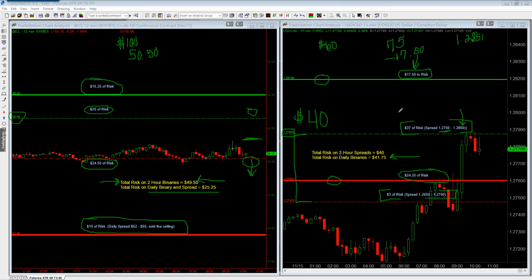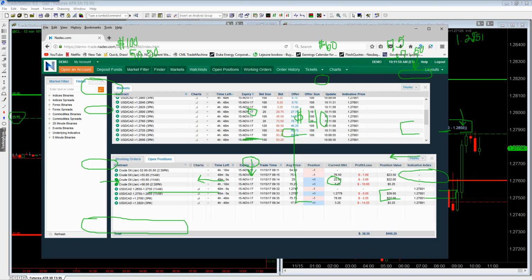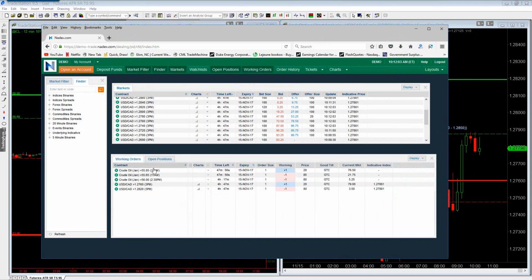You can always set a profit target, Jerome. You do not have to wait for expiration. And that was the next thing that I was going to show you. Okay, so in this case, you don't always have to wait until expiration. On all of the binaries, you can see that I have set targets depending on whether I was long or short.